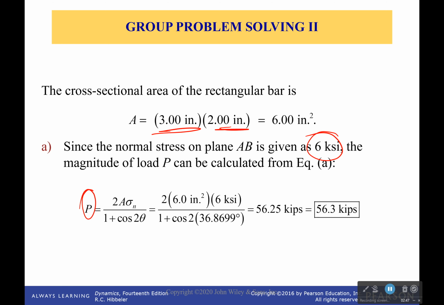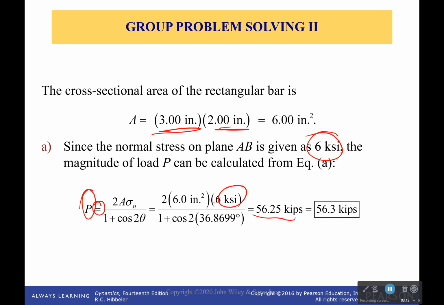Okay, bringing it back. So here it is. If you're wondering why we have an equal sign and not a less than or equal to sign, it's because it told us that it's exactly 6 KSI on this plane. We're not trying to solve for some sort of condition. And if we're careful, what we get is 56.25 kips, which is 56,250 pounds. KSI is kilopounds per square inch.